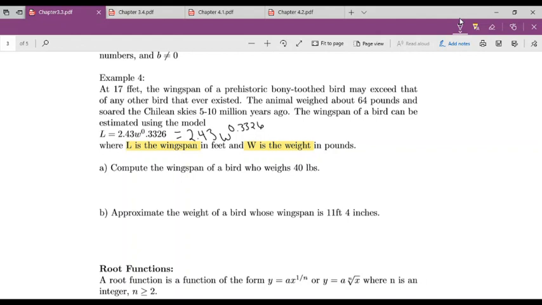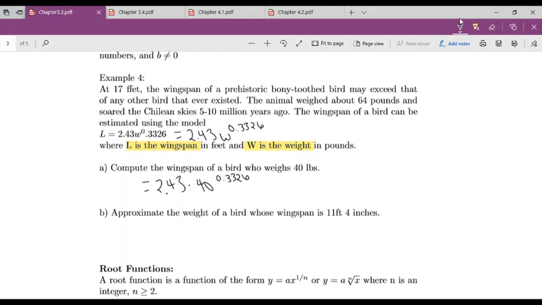Okay, so if we want to compute the wingspan of a bird that weighs 40 pounds, we're going to plug 40 in for W. So all we're really doing here is 2.43 times 40 raised to the 0.3326. You should be able to type that in your calculator.